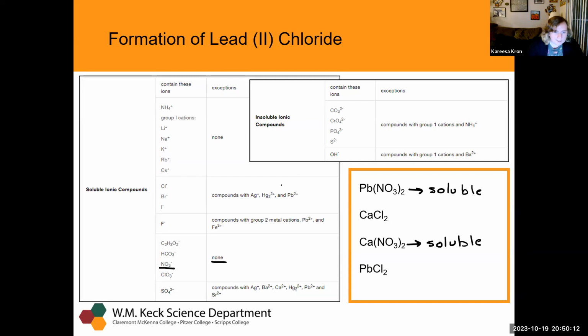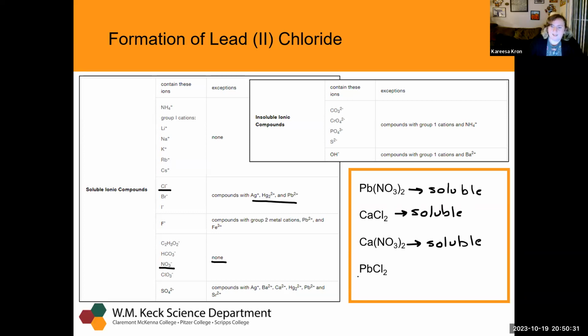Calcium chloride, if I look at this list, I don't see calcium, but I do see chloride, and its only exceptions are silver, mercury, and lead, which means that calcium chloride is also soluble.